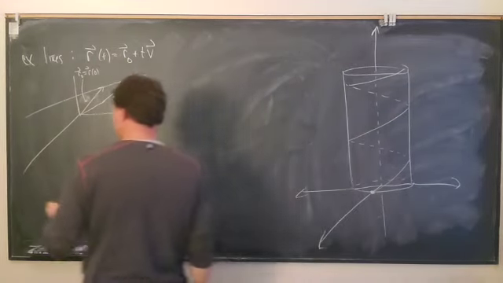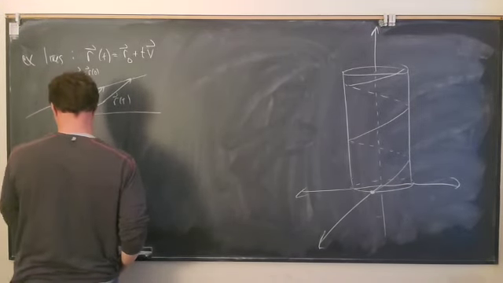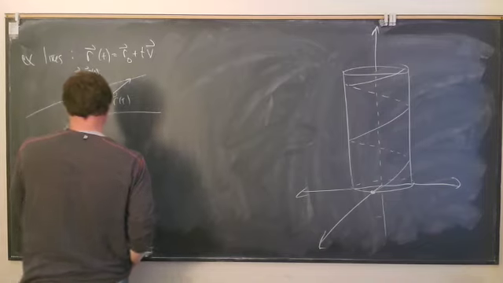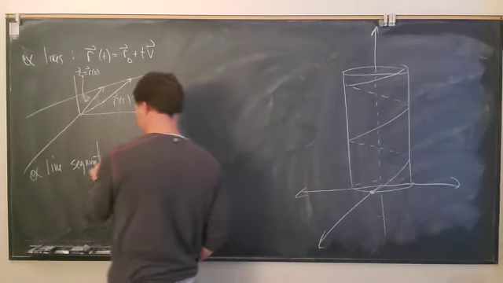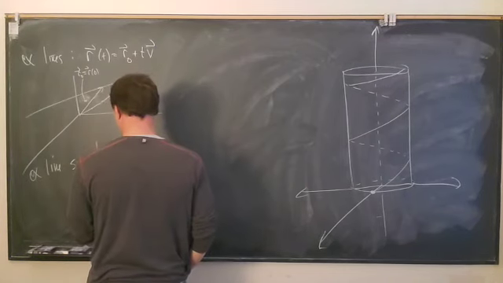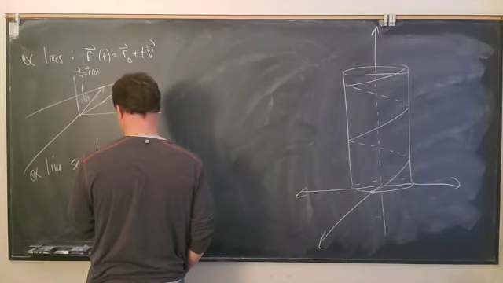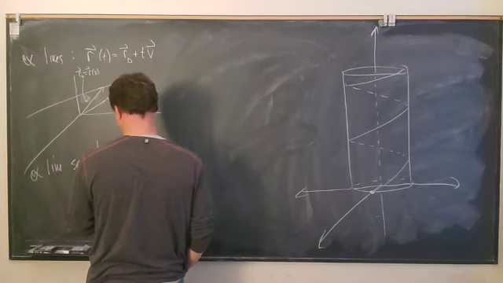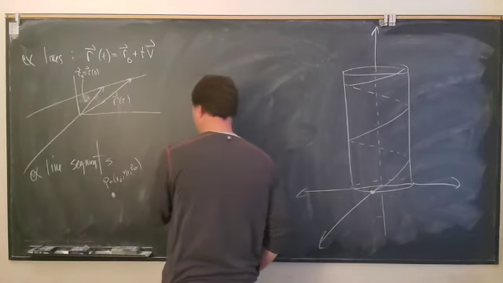Here's one that you're definitely going to need in the future, especially if you go on. I should say, you will need this if you're going on to Math 241: parameterizing line segments. So let's say that we have 2 points.